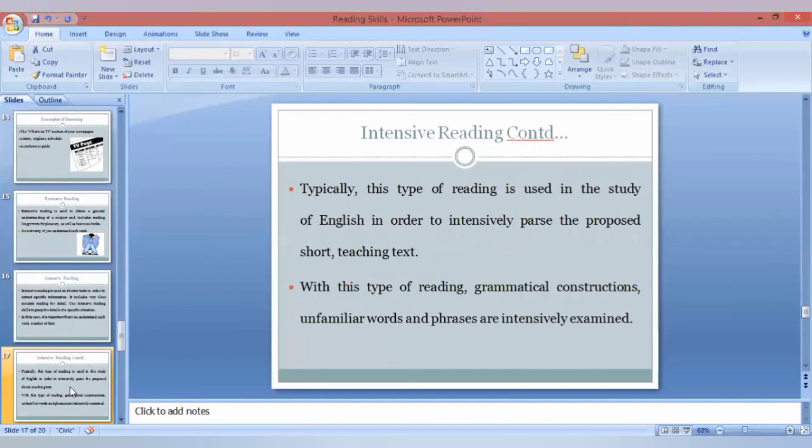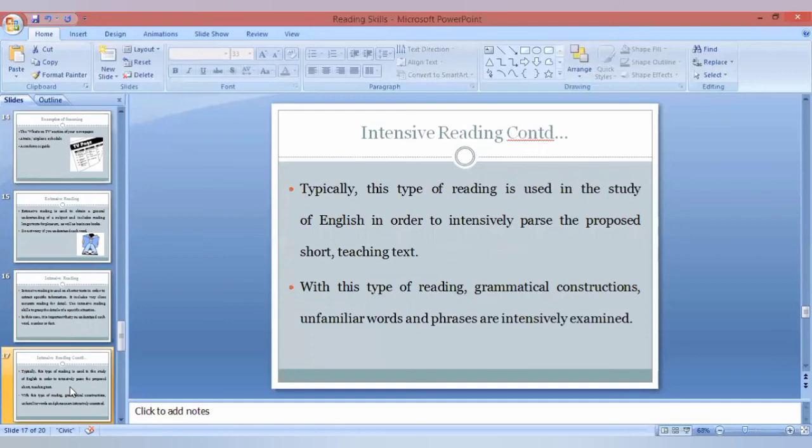You try to divide or split each and every word, each and every sentence, each and every phrase, each and every clause, in order to have an in-depth understanding of what you read.